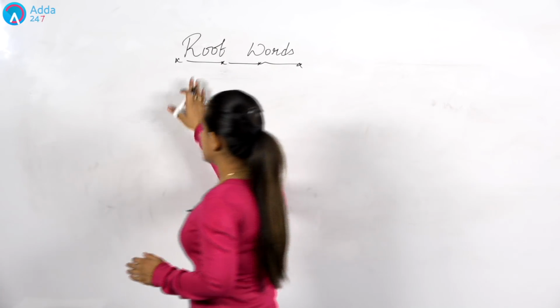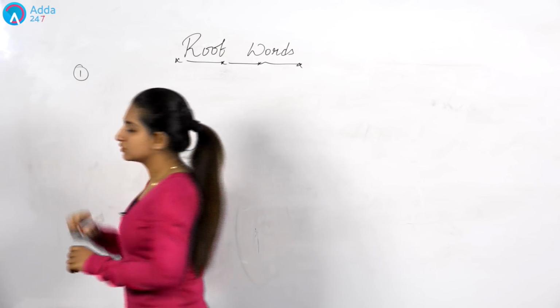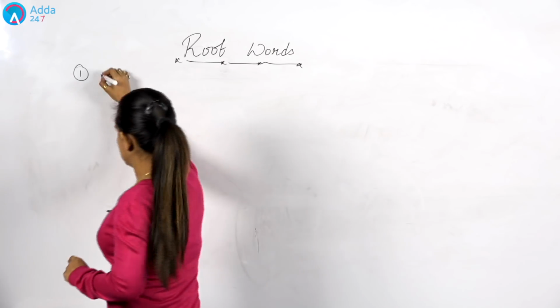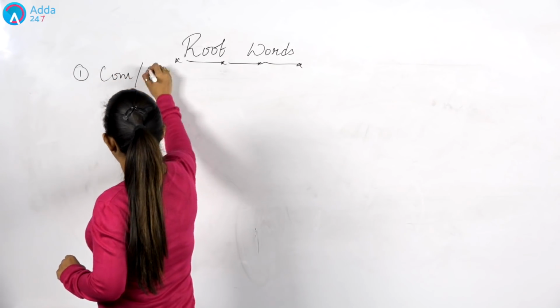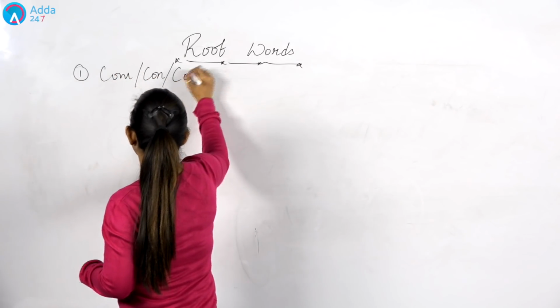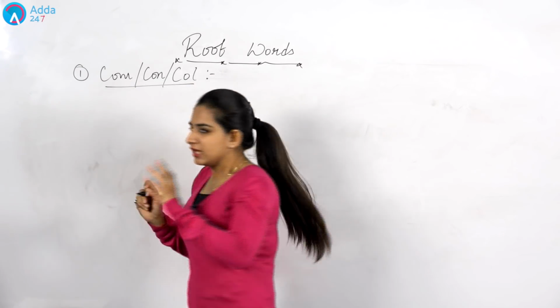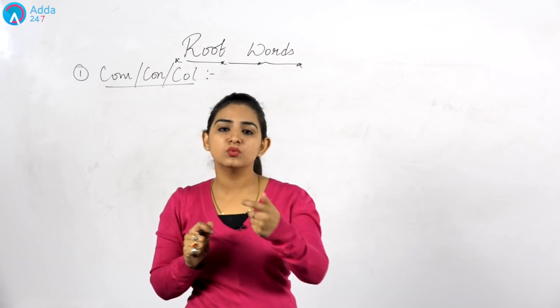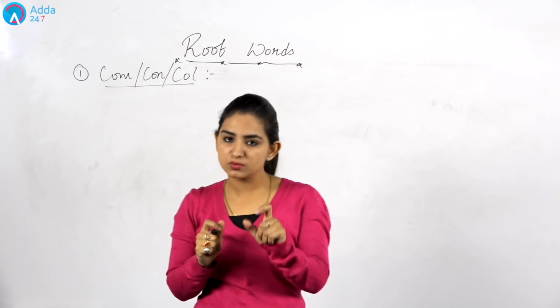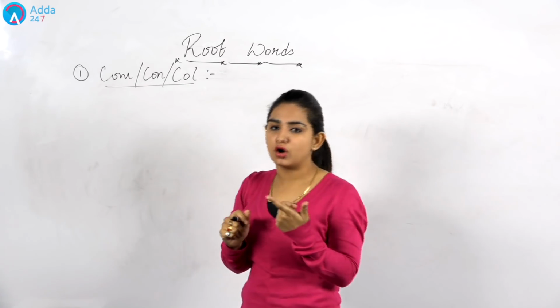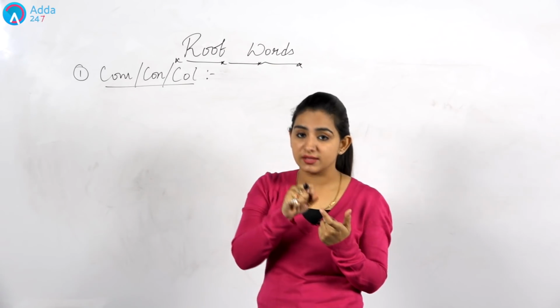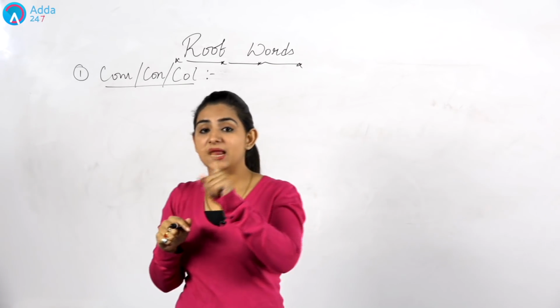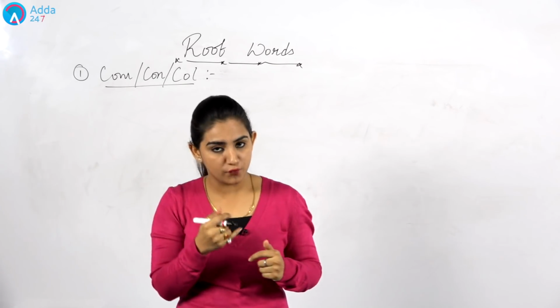So to begin with this, the first root word today that we have is com, col or con, right? If you refer to a very simple example, we use the word con-call. We use the word con-call. When I say con, this means joint, this means together. And call, C-A-L-L, this means you are on phone.